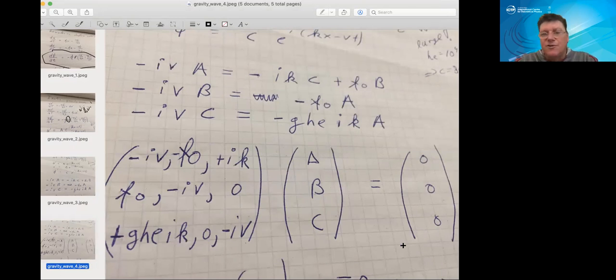And of course, you remember the trick from physics and wave physics. In order to have non-trivial solutions, so one trivial solution of this is, of course, A, B, and C are all equal to 0. That will fulfill this equation. But we are interested in the non-trivial solutions. How do we find non-trivial solutions if we have such a linear equation system?